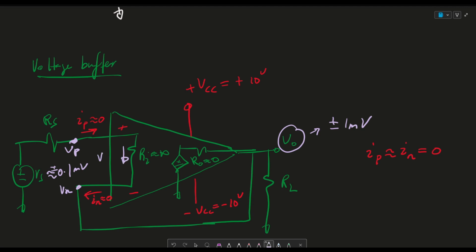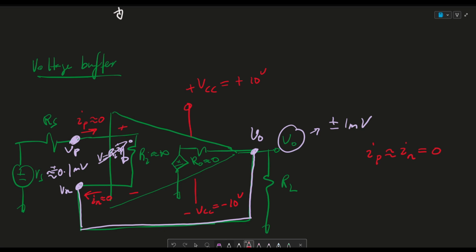This resistor V is equal to Ri times IP. But since IP is equal to 0, the voltage across this resistor, there's no voltage drop, is 0. So the voltage that's here has to be the same voltage that's here. And since this is just a wire, that means that the voltage at VO is also VN.